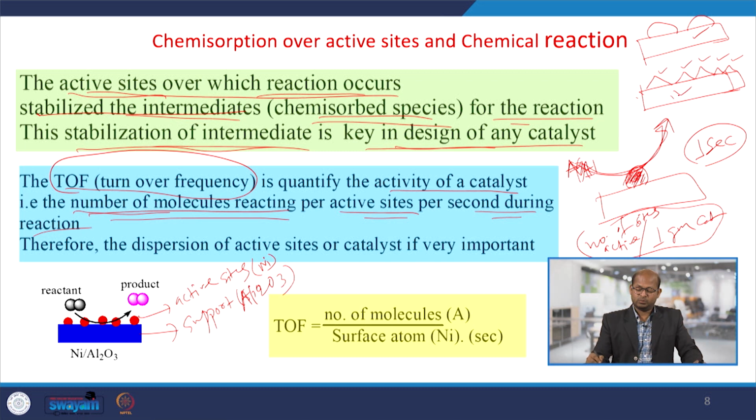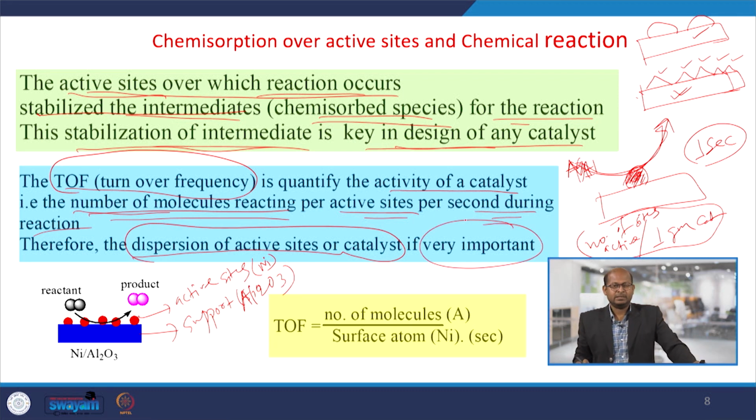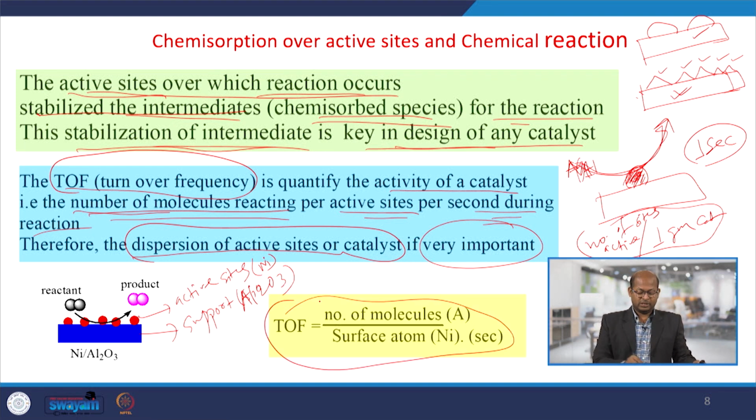Dispersion of active sites is very important when we synthesize a catalyst. So, you can express the turnover frequency as the number of molecules A converted per number of active sites present per unit weight of the catalyst per second.